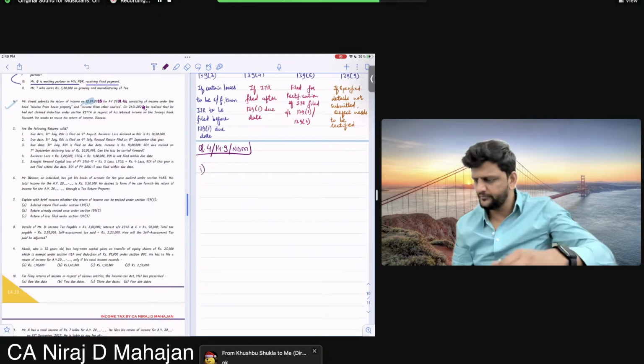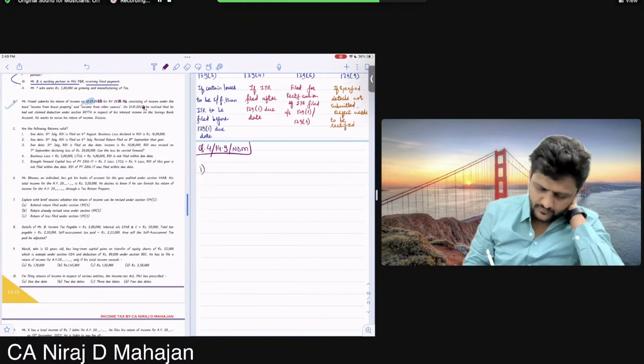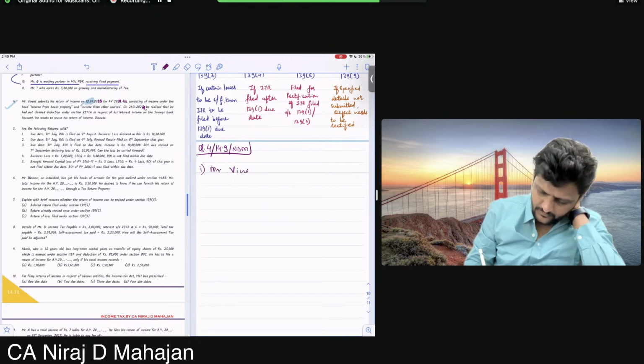Point number 1. Mr. Vinit's income is of HP and IOS, right?